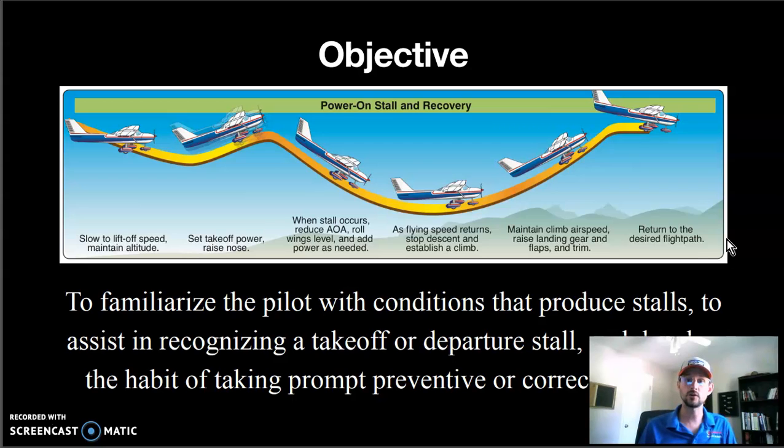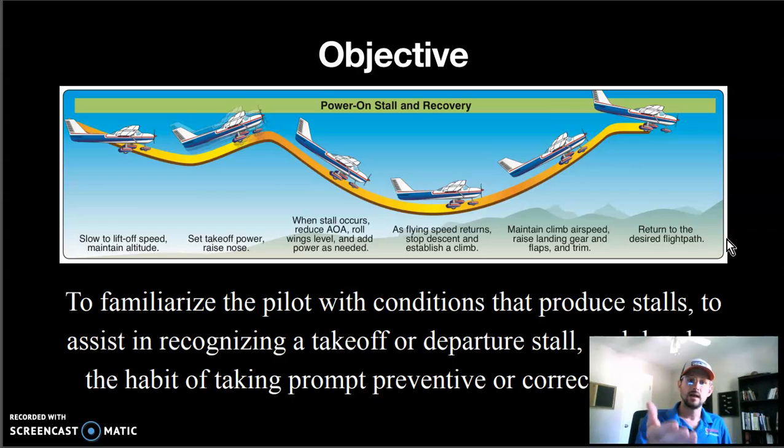We want to learn what the plane feels like, what it might be telling you right before it stalls, and that is the whole objective of any type of stall training. It's not in order to do it, but it is in order to recognize before it happens.